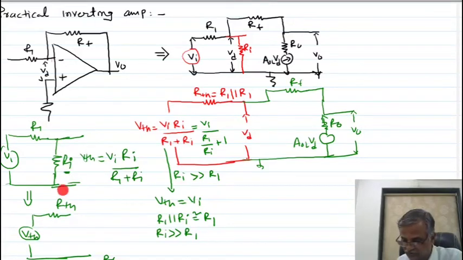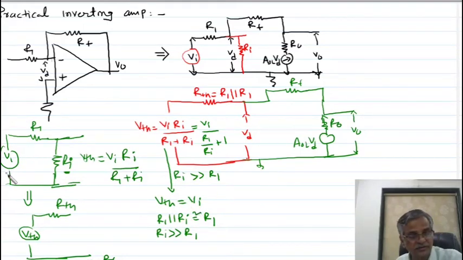So the voltage across RI is nothing but the applied voltage into RI upon the total resistance. From this, I have divided numerator and denominator by RI. RI is much greater than R1, so this tends to 0. So my VTH is VI. In the next section I have written VTH is VI.